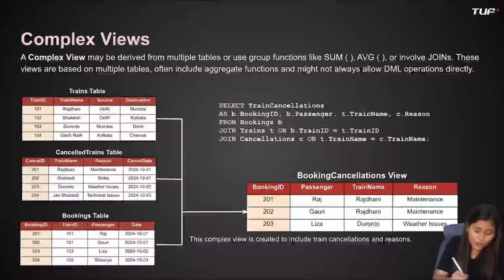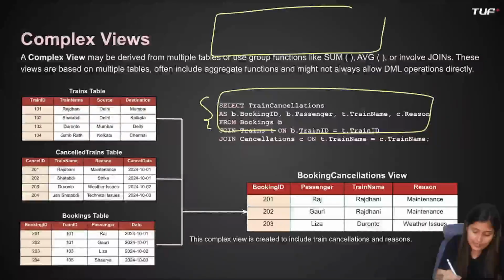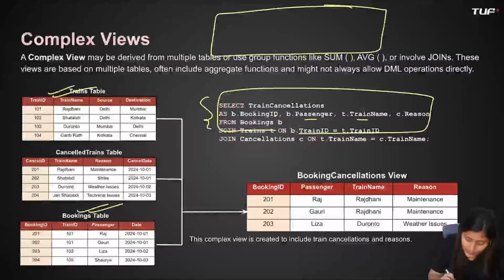So you know what the resultant of this query, up to here, will be. We will have a table selecting booking ID, passenger, train name, where both train IDs should be the same. Again 101 and 101, we are taking the same example again and again, so we already know the answer.